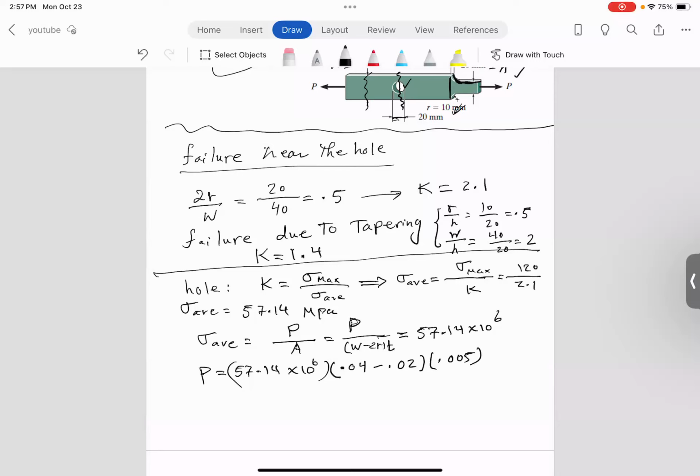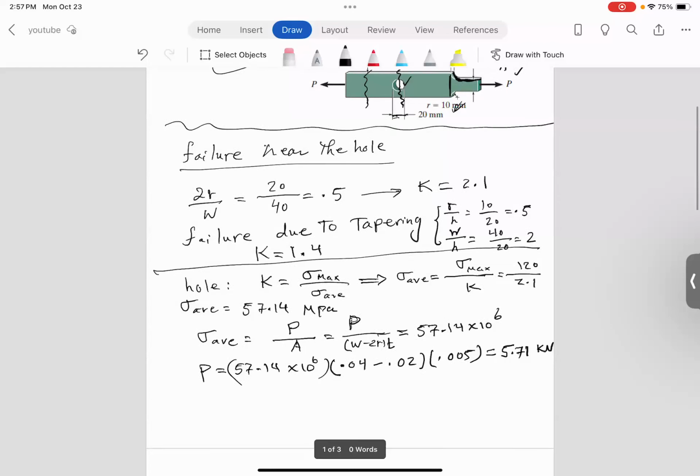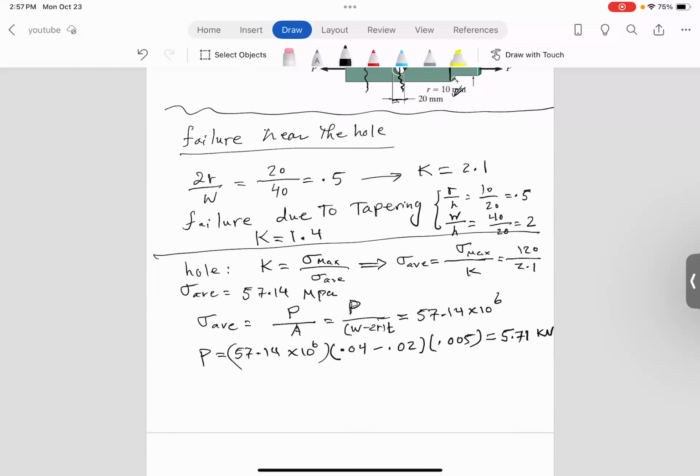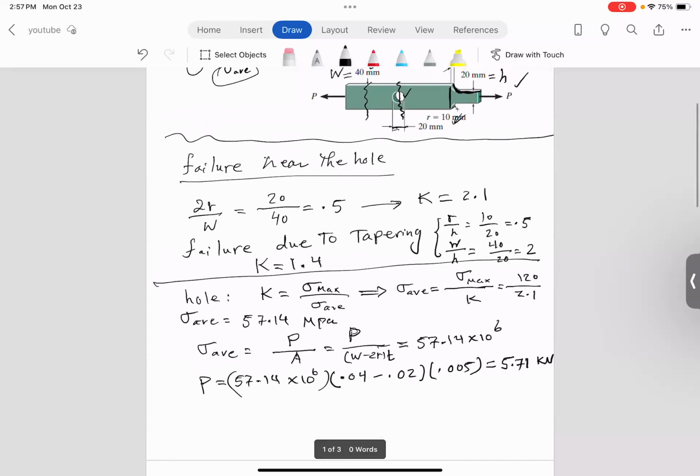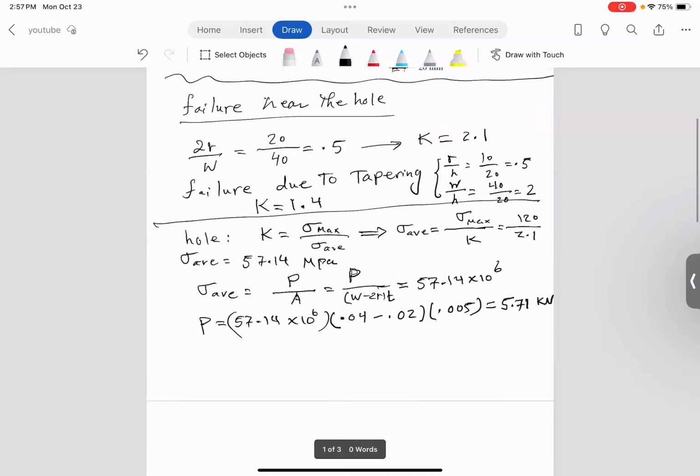So now this is Pascal times meter square. So this is going to be in newtons. If you do the math, that's going to be about 5.71 kilonewtons if you divide it by 1,000. So this is the load needed if the failure is going to happen around the hole. Just the load needed that you reach a stress concentration factor of 2.1.